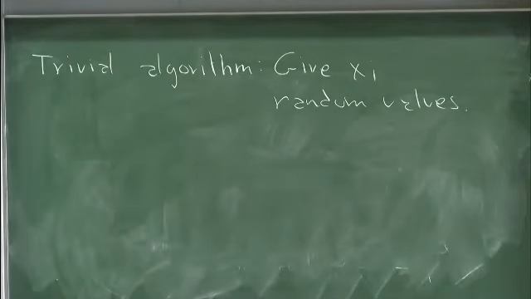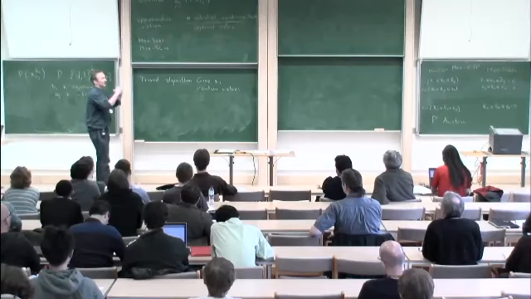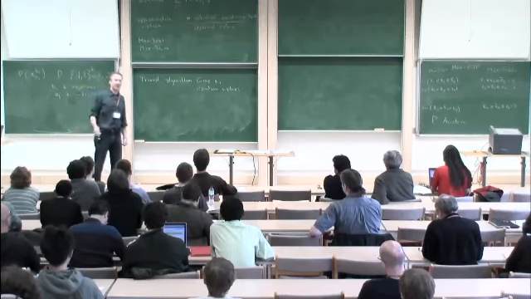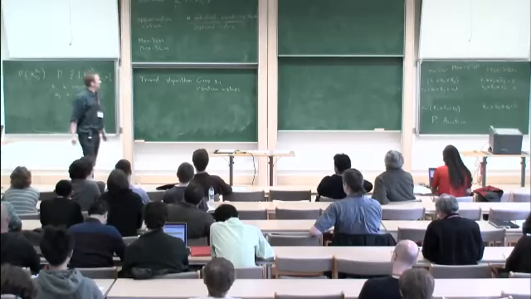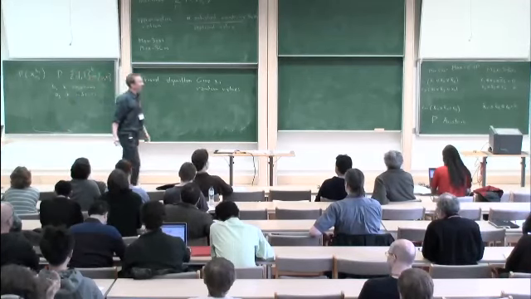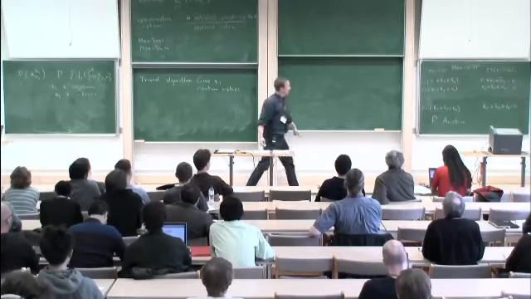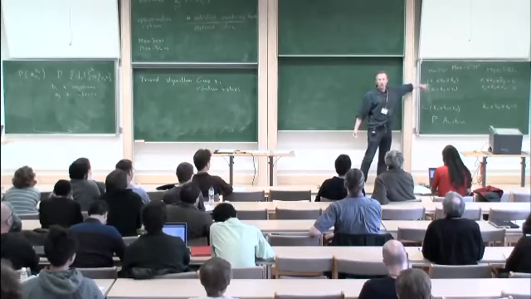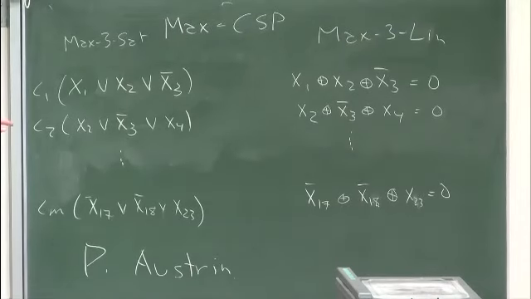So the really trivial algorithm is to say, well, this is a difficult problem, just give random values to the variables and see how well we do. And for 3-SAT, if you look at each condition, you have 3 shots at making it 1, so with probability 7/8 you'll satisfy each clause.